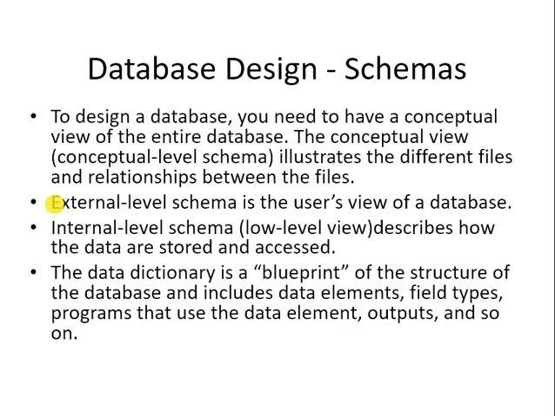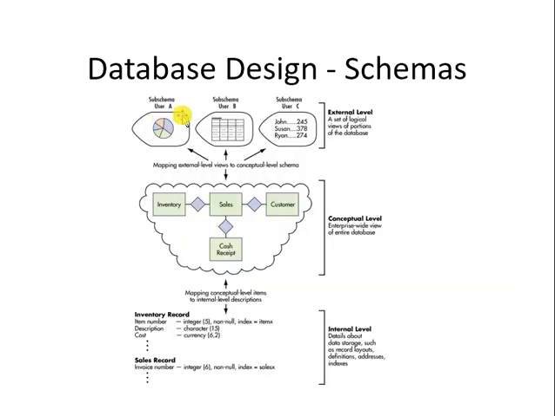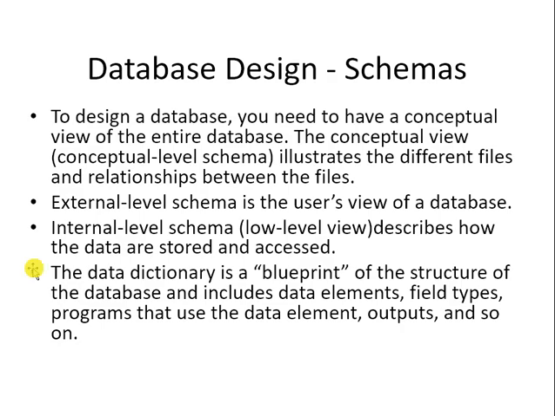And we also have the external level schema, which is the user's view of the database. The user's view of the database is like this one. It could be a table, it could be a list. This is the user's view. And we also have internal level schemas.